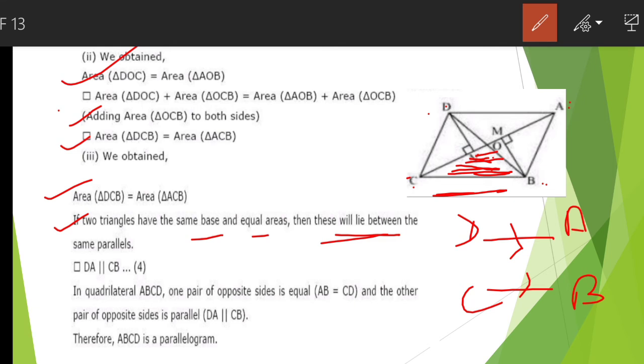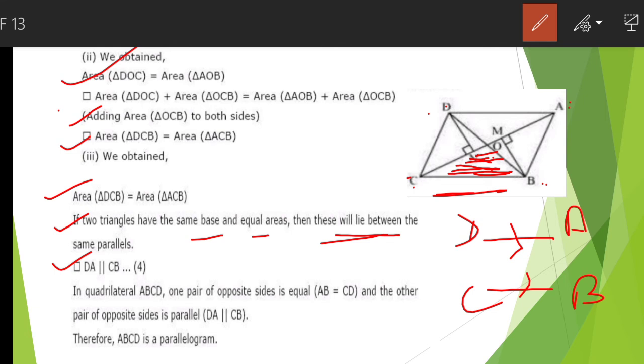So we can say DA is parallel to CB. That is our theorem 9.3. And this was the one that we had to prove, that ABCD is a parallelogram.